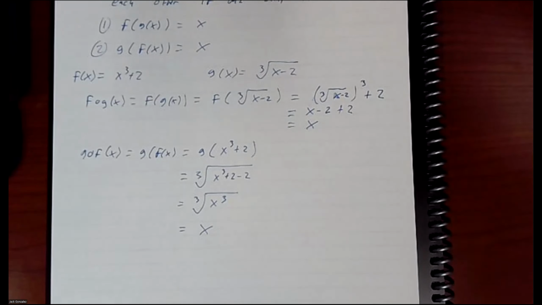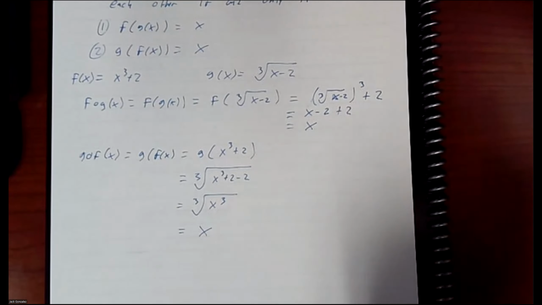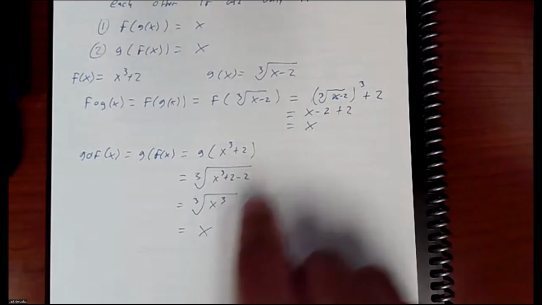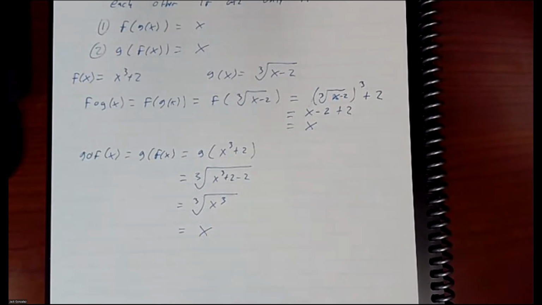Okay, so once you're done on the exam, you'll have something like this where you verify 2 functions, and if you get x in both directions, you're good. If one of them turns out to not be an x, then they are not inverses. You would just say no, because that happened. But it has to be both directions to prove that they are inverses.